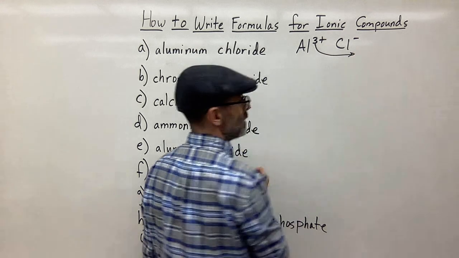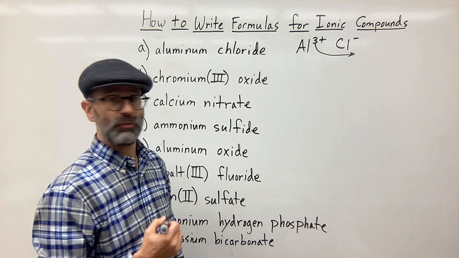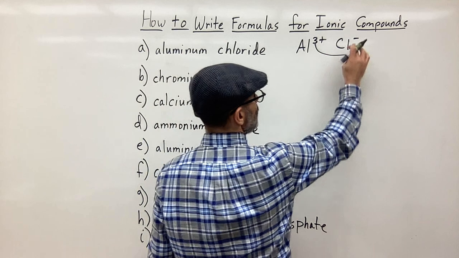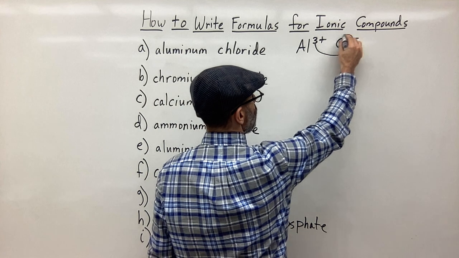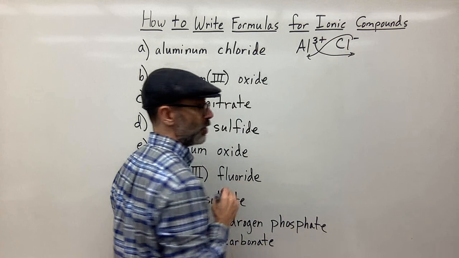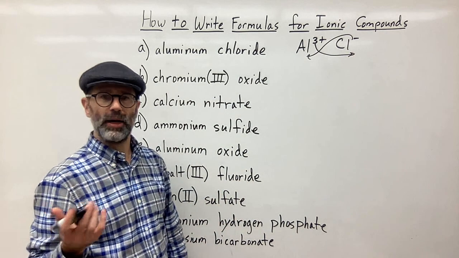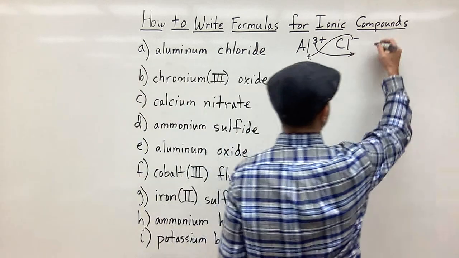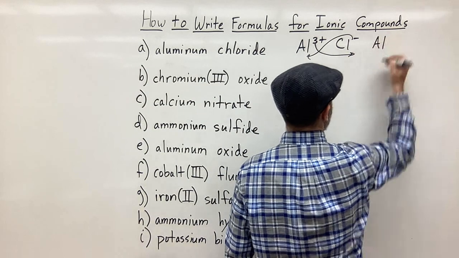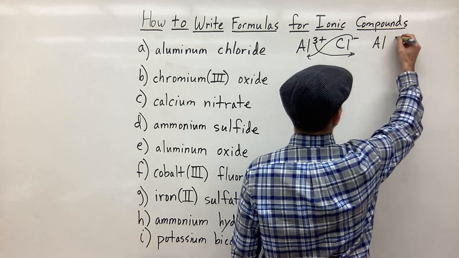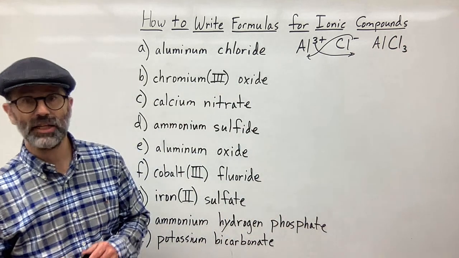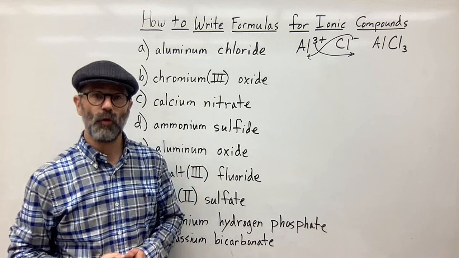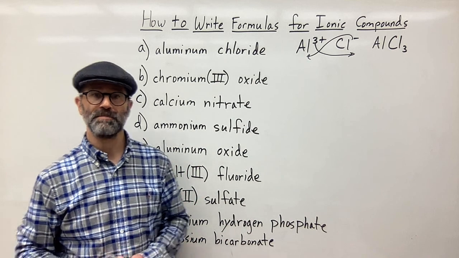We're going to put it as a subscript for the chlorine. And this is a 1 here. We don't write the ones, but we're going to write the 1 down here. So that's going to be a subscript 1. But again, we don't write ones, so it's just going to be Al and then Cl3. So that, ladies and gentlemen, is the formula for aluminum chloride.